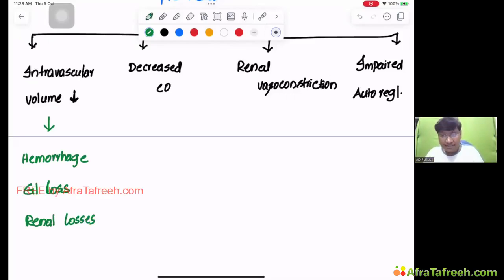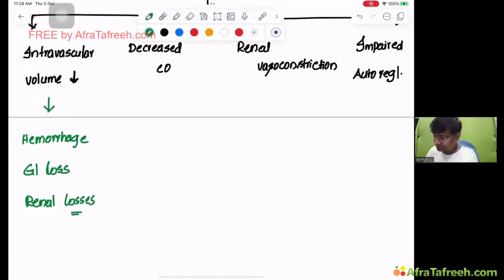No. Okay. But Jacob, remember, you are telling diabetes insipidus. In diabetes insipidus, at the same time, the patient is also consuming water in excess quantity. So that will not cause volume depletion in diabetes insipidus. Very good, Vinita. Excellent. So that is Addison's. So the renal losses, example is Addison's.